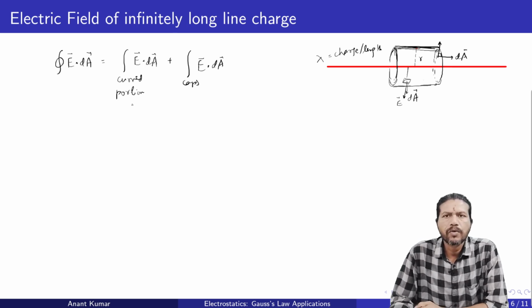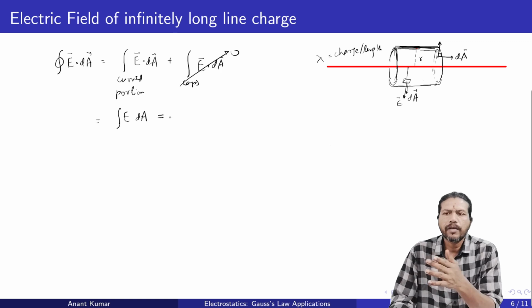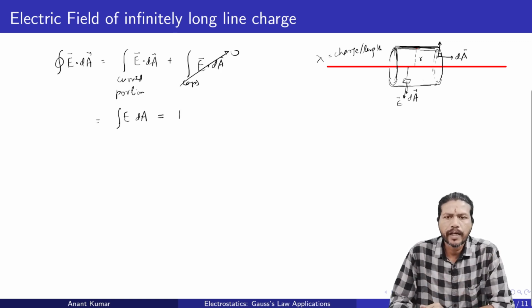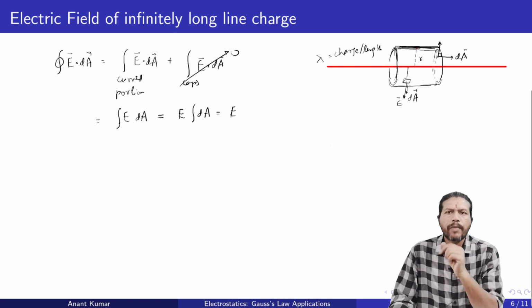So what survives is only the contribution from the curved portion, and on the curved portion, because E and dA are in the same direction, this is nothing but the electric field, the radial component, into dA. Again, utilizing the cylindrical symmetry, we can pull this E out of the integral because it must be the same at that radius. And so what I end up getting is E into the integral of dA, which asks us to simply add up the area of those little patches on the surface.